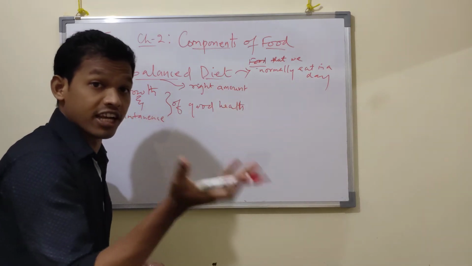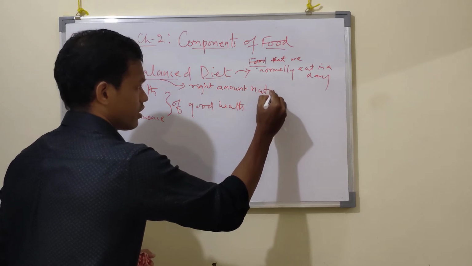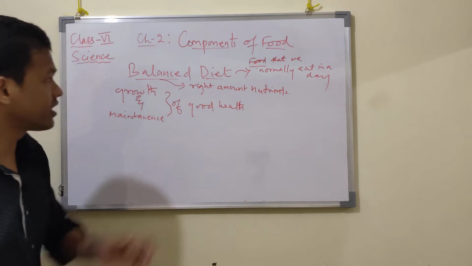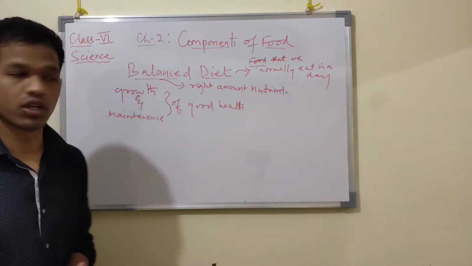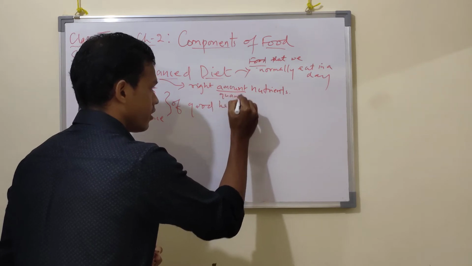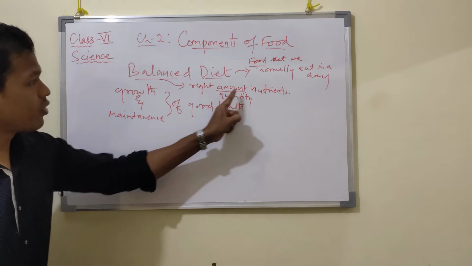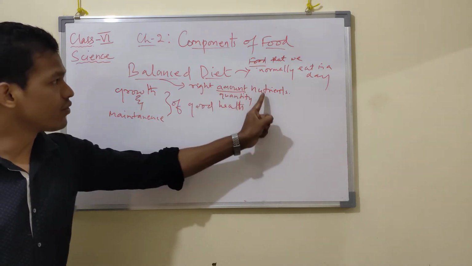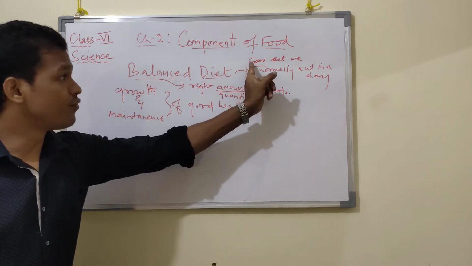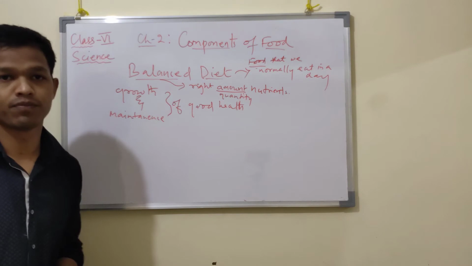The right amount of nutrients, or you can say right quantity of nutrients. Instead of amount you can also write quantity. The right quantity of nutrients must be present in the food that we normally eat in a day. That is known as balanced diet.